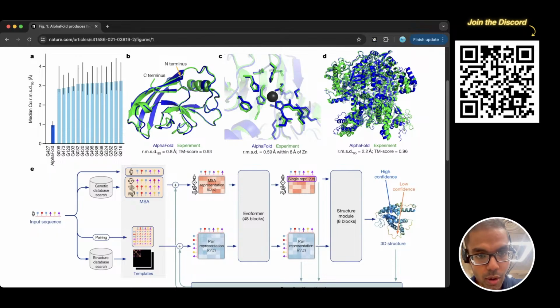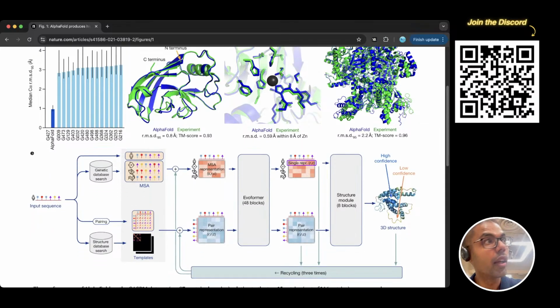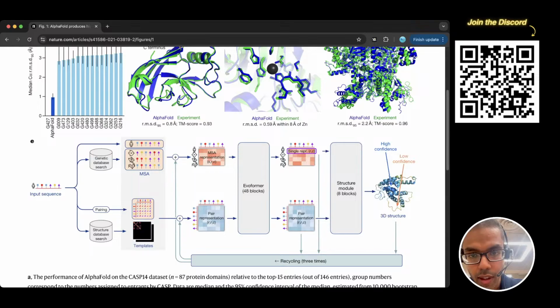Based on these two sources of data, it combines them and sends them both into the Evoformer, the real neural network here, and based on that, it directly predicts the 3D positions of each amino acid in 3D space, basically, right?